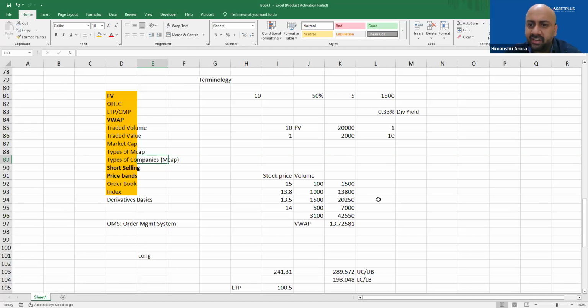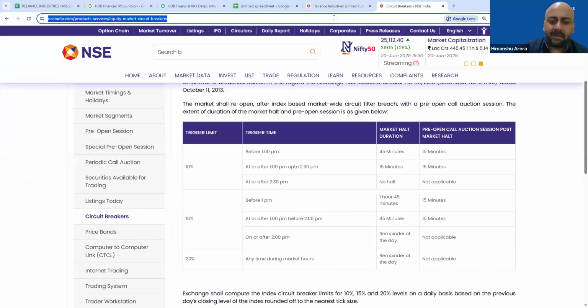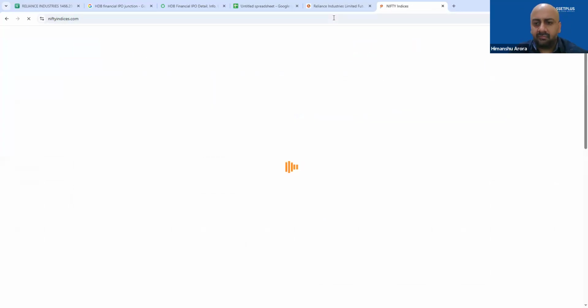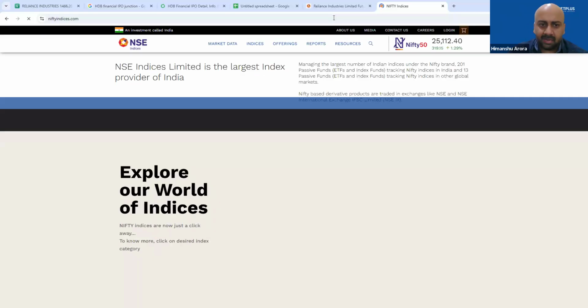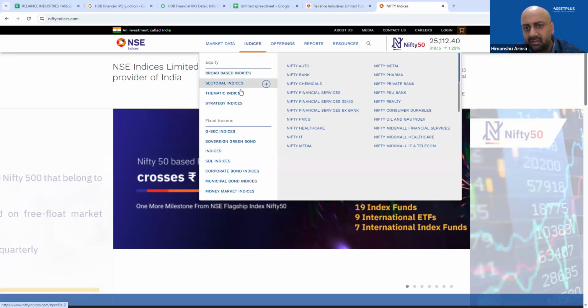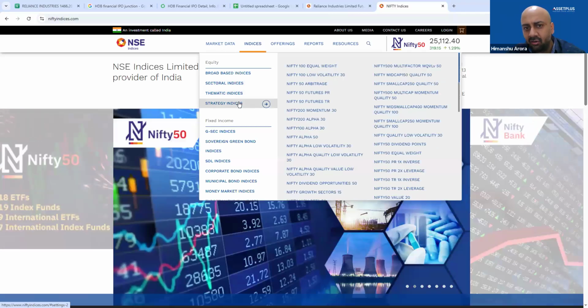Prabhu, so with all these weighted index criteria, stocks are selected to the index, right? There is an important resource I can share with you, very interesting resource actually. Open this website, niftyindices.com. Away from the topic of the exam, you see how many indices NSE manages? These are broad-based indices. These are all sectoral. These are all thematic. These are all strategic.